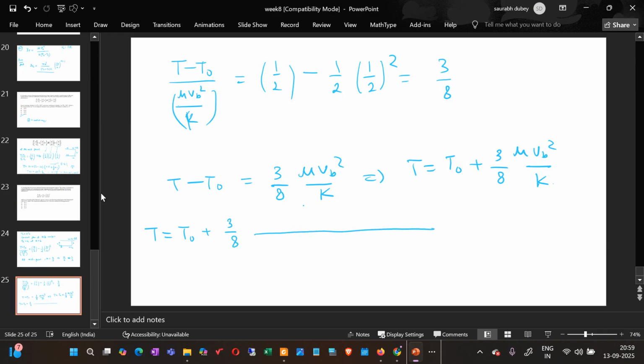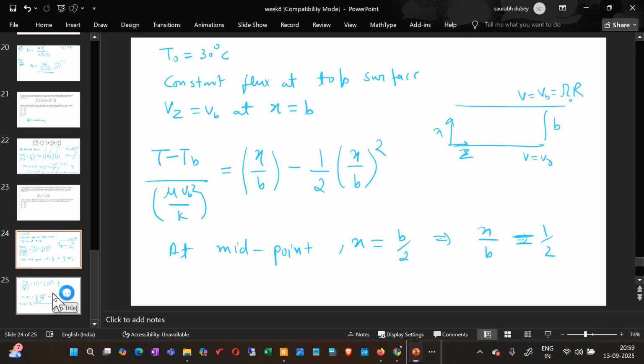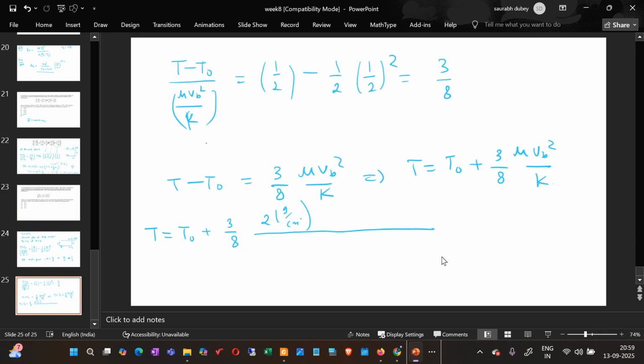whatever is given, 2 gram per centimeter second for mu, and then Vb squared is 500 squared centimeter squared per second squared, and k is 4 into 10 to the minus 4.